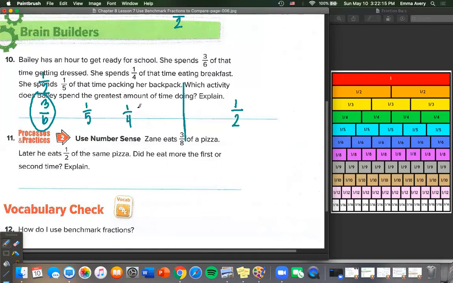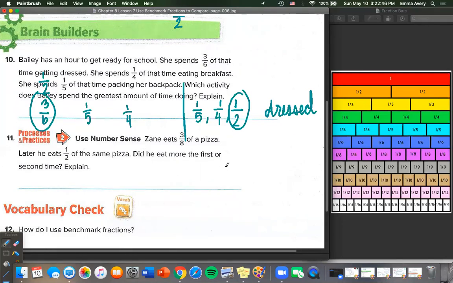Now we can use our numerator trick for all three of these, and we can see 1/2 is going to be our biggest, then 1/4 is less than that, and 1/5 is less than that. So which one was equal to 1/2? Well, that was the 3/6 getting dressed. You could also plot these on a number line and see where they line up.